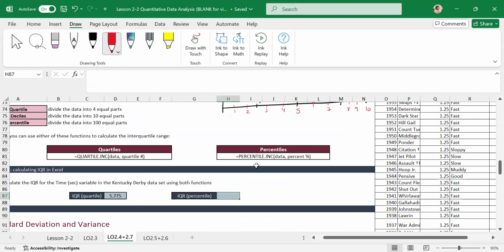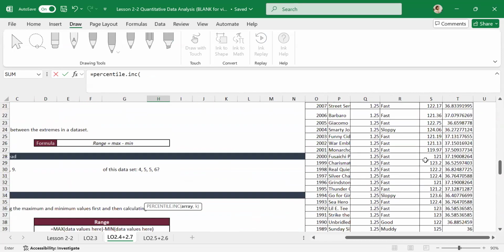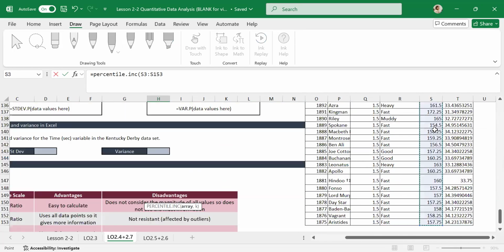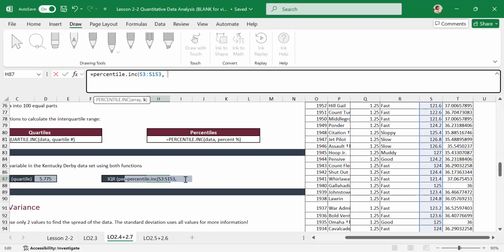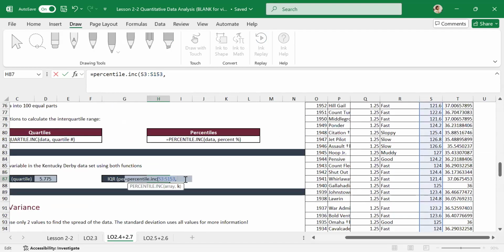Just to show you how the percentile function works instead, if I do percentile.inc, again, the first thing you do is select the data, so it'd be the time in seconds. But instead of specifying a 1 or a 3 for quartile 1 or quartile 3, this is where you'd have to put in a percentage.